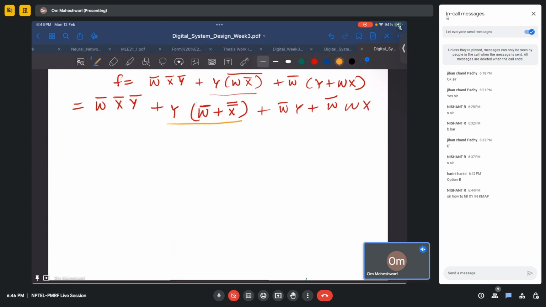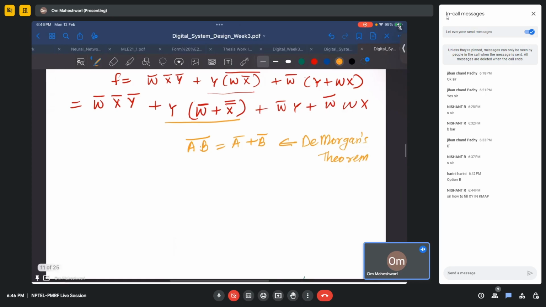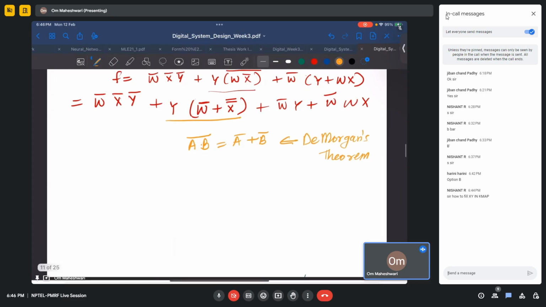You know (a dot b) whole bar equals a bar plus b bar. This is De Morgan's theorem. It must have been taught to you in the class. So that is how I filled this. Instead of a you had w, instead of b you had x bar, then you had whole bar. So it will be w bar plus x bar bar, which is simply w bar plus x.